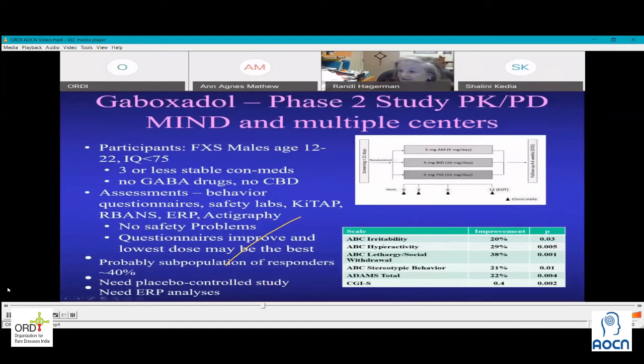In this open label study, as you can see here, it showed benefit in a variety of behavior measures on the ABC scale here, with significant p-values, but it needs to be studied in a controlled trial. So we hope to see that in the future too. So this GABA agonist, gaboxadol, will be studied in the future in a controlled trial.